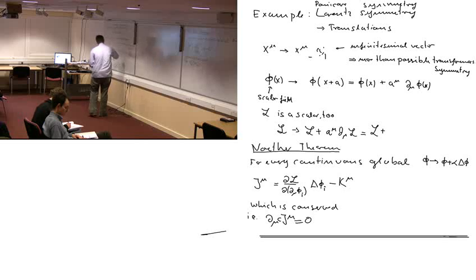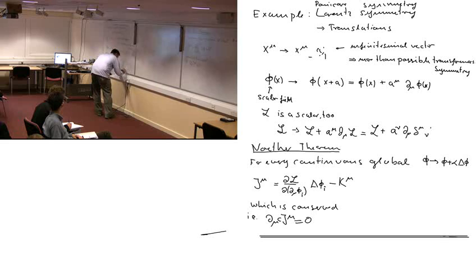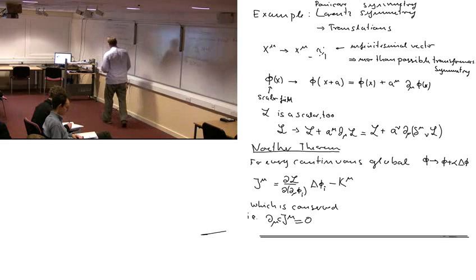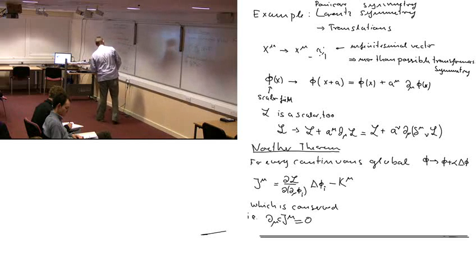If you juggle the indices a little bit around and add a delta, you find that this is actually a nu times d mu delta mu nu L.